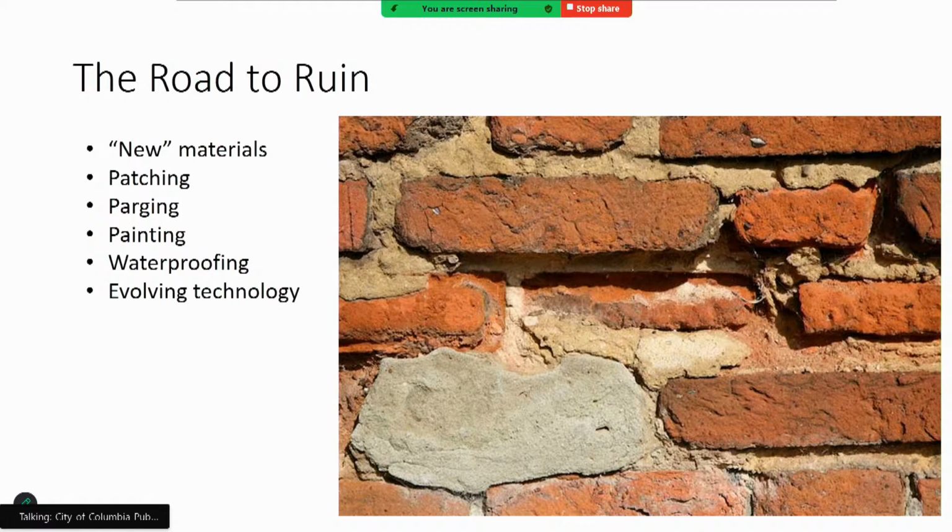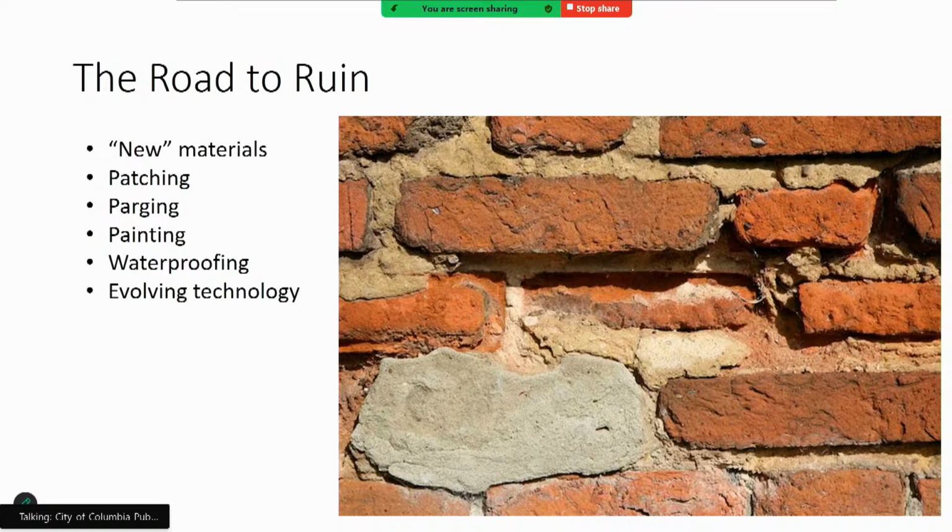Waterproofing too, I kind of talked about this. Waterproofing and water repellents, I think we've seen too. Preservationists are always going to be hesitant with any new great technology that says it's going to let the building breathe, it's going to do all the things it needs to do, because we've heard those things before, and we've heard the horror stories, and we've seen them.